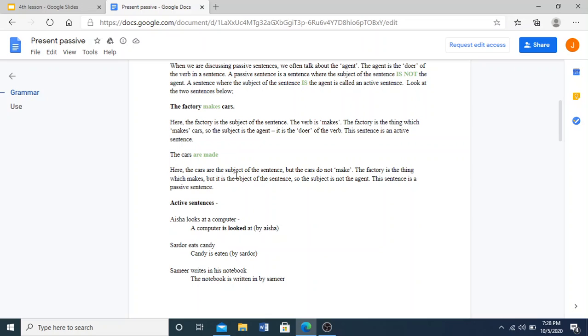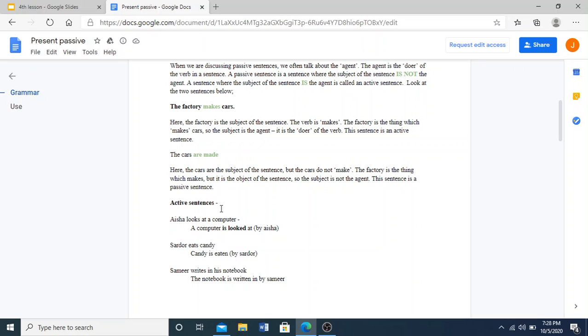Here, the cars are the subject of the sentence, but the cars do not make. The factory is the thing which makes, but it is the object of the sentence. So the subject is not the agent. This sentence is a passive sentence, because it doesn't tell us who makes the cars. It just says the cars are made.